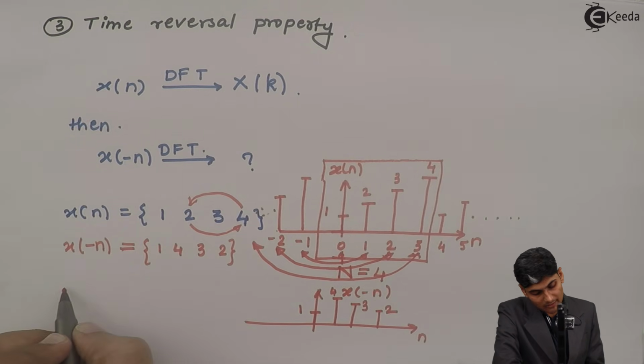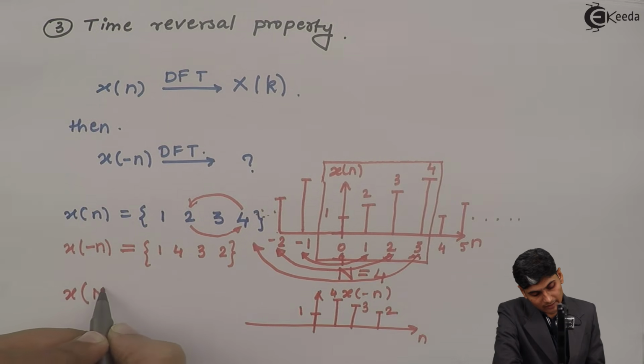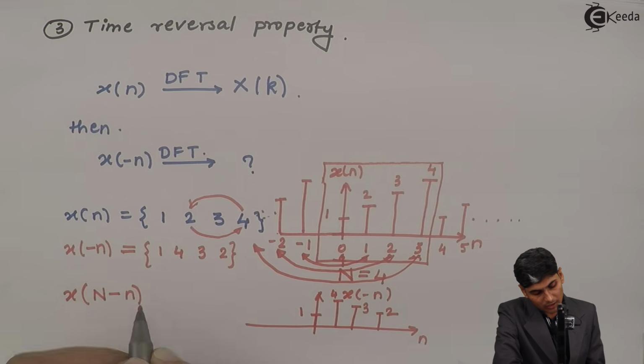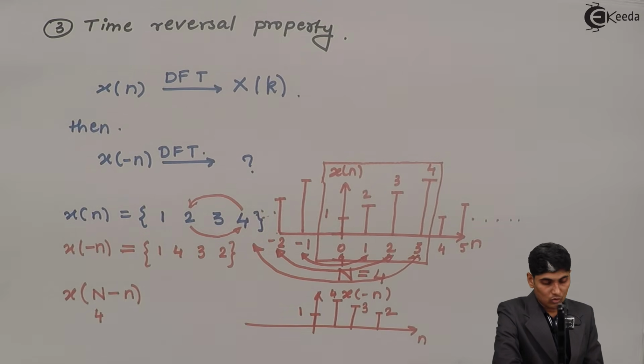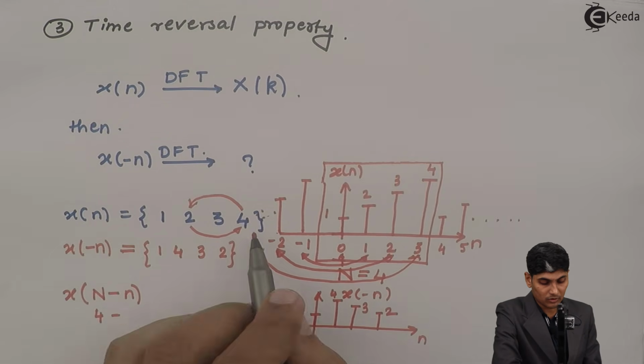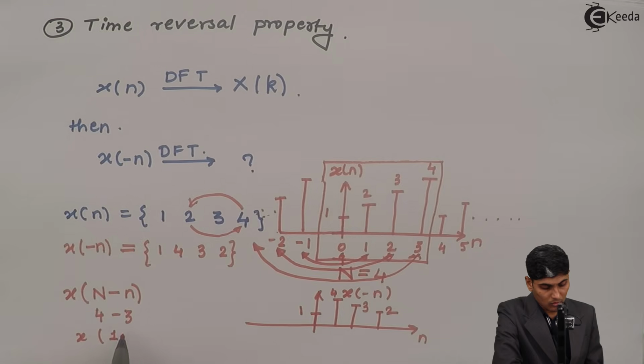That means I can similarly write x of -n as x of capital N minus small n, where here the capital N is 4. So 4 minus 3, that is the position of 3, will give me 1. That is x of 1.